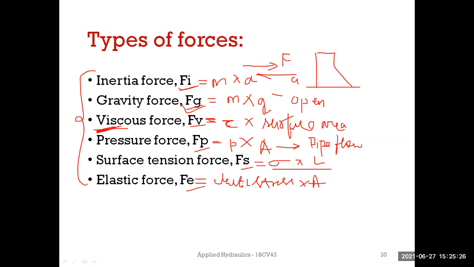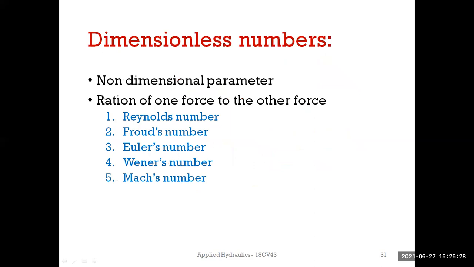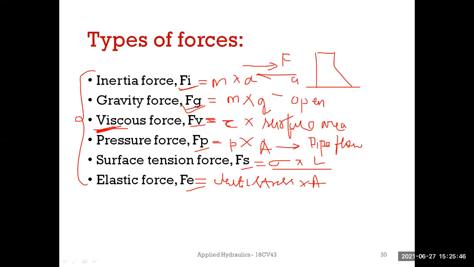The next topic is the dimensionless number, which is also called the non-dimensional parameter. So what is a dimensionless number? It is what you get when you divide one force by another force, for example inertia force with the gravity force, or inertia with viscous force, or inertia with pressure force.